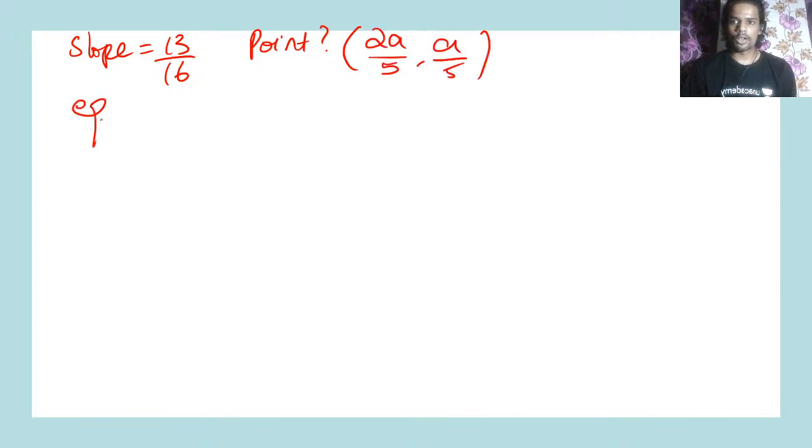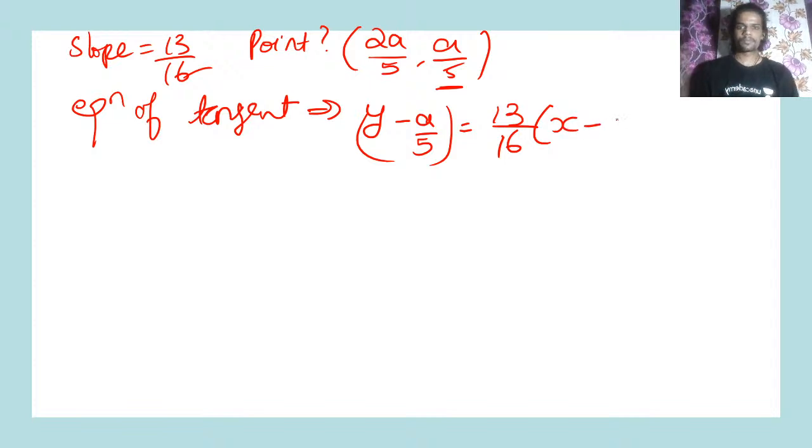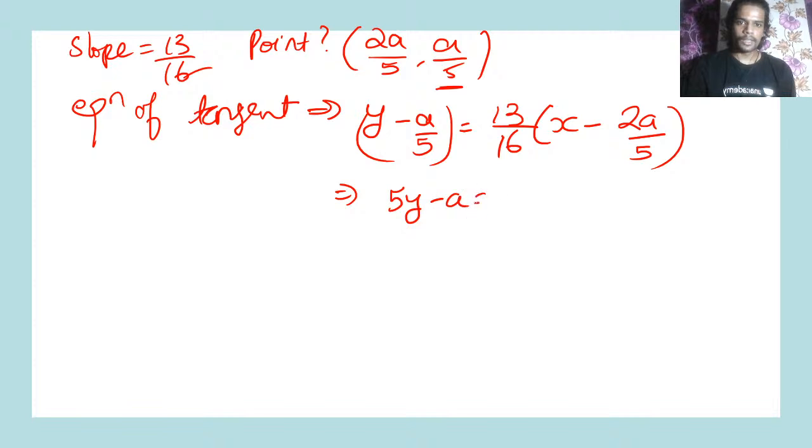So we have to find the equation of tangent, the equation of tangent is y minus y1 equal to slope into x minus x1. If you solve this, you will get 5a minus a, 5 and 5 will cancel out, 13 by 16 into x minus 2a by 5.